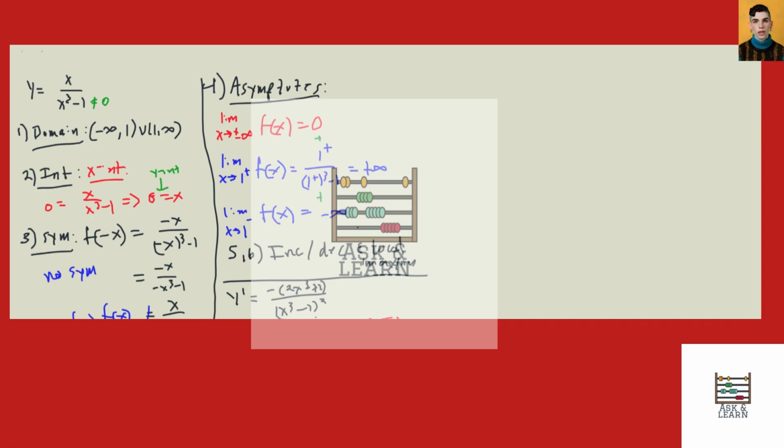And we know this function will be decreasing, or where y prime is strictly less than 0, on negative cube root of 4 over 2 to 1, union 1 to infinity.